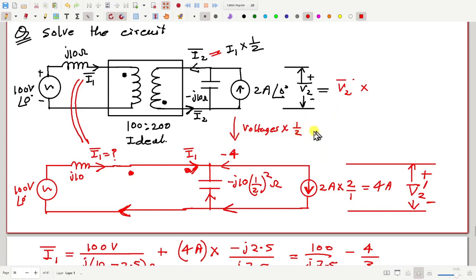So now to go from this circuit to this circuit, voltage should be multiplied by 2. But that's not all. One more thing. Here you see this plus is towards the bottom side of the current source, but here this plus side is towards the tip of the arrow of this current source. So therefore, we should also have a minus. Okay?